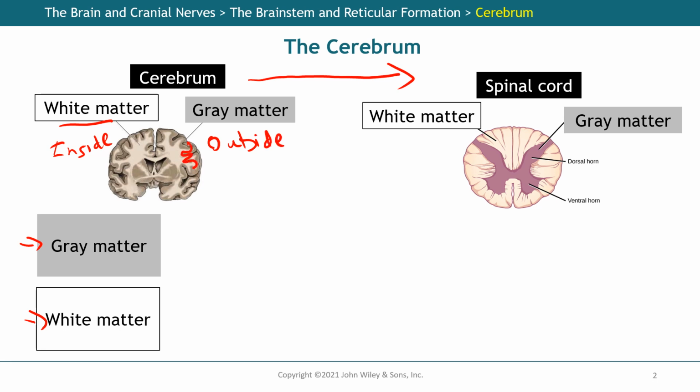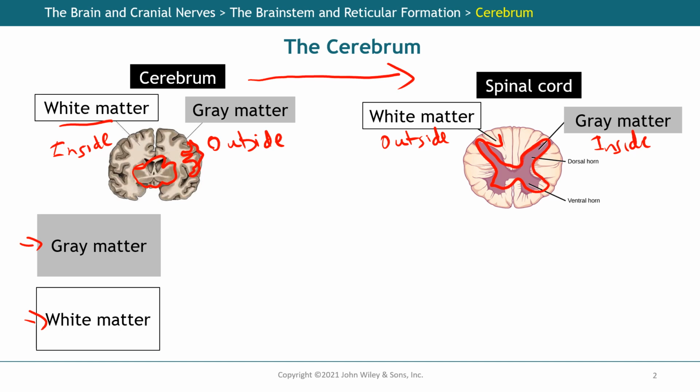All this is gray matter. You can also find a lot of nuclei here that later we will talk about in more detail. On the other hand, in the spinal cord, you see the opposite distribution. You see the white matter outside, surrounding this H shape that is gray matter inside. So again, they have an opposite distribution.